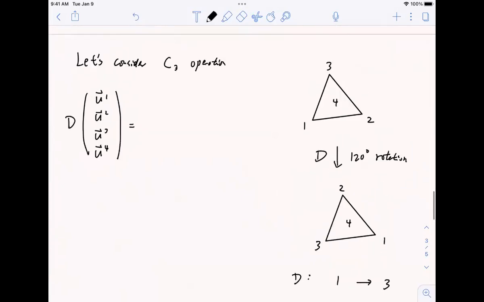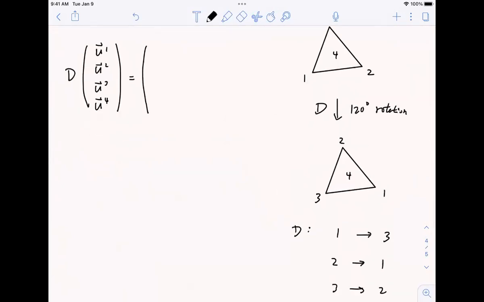Okay, so you have 1 become 3, so you're going to have U3 here. 2 becomes 1, so you're going to have U1 here. And 3 becomes 2, so you have U2. Then you have U4. But for each vector, you're going to have the rotation, so we're going to add the rotation D here. So what is D?